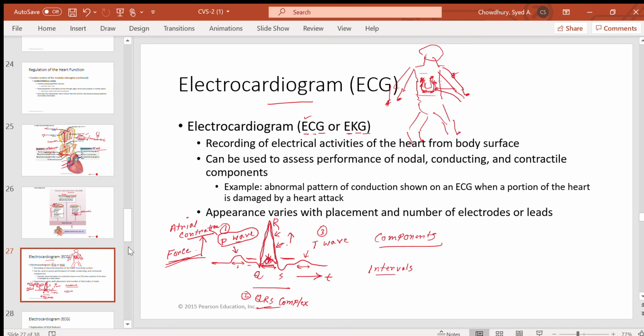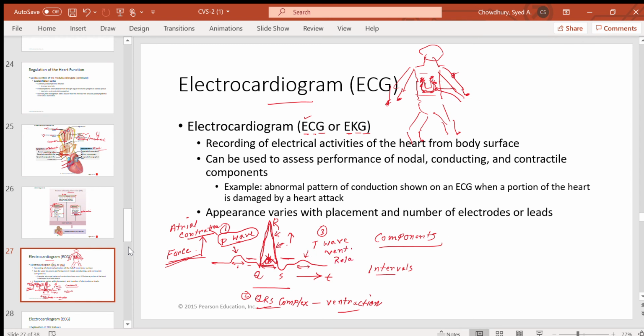So QRS complex is mainly ventricular contraction. That's why it is so big, forceful. We know that the ventricle contracts very forcefully compared to the atrium. And then ventricular relaxation. This is ventricular relaxation.